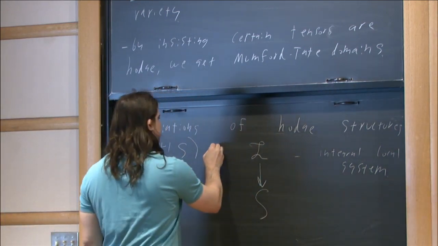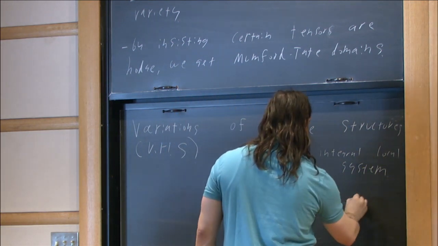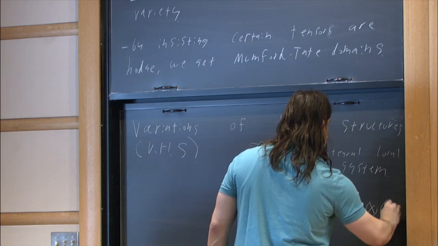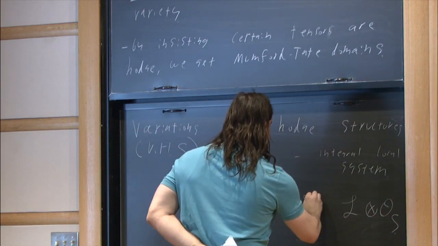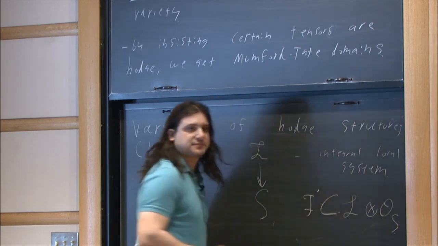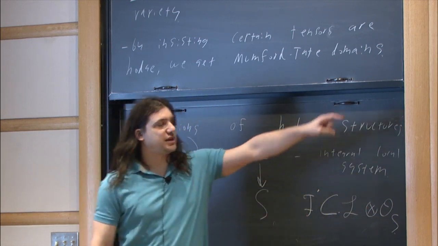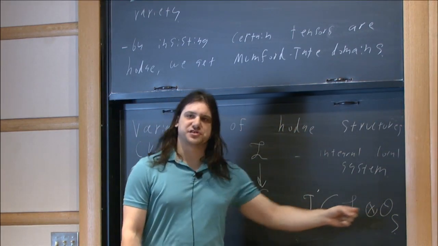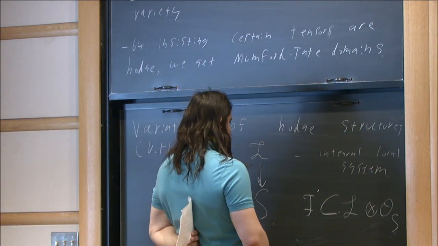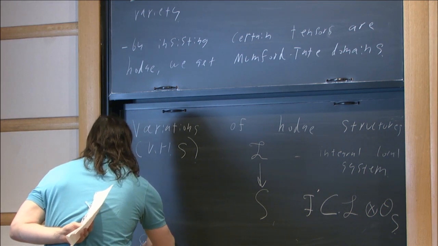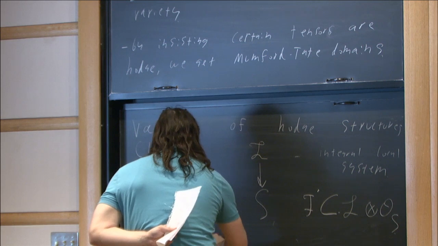And so what we do is we can look at L tensor O, so L with coefficients in holomorphic functions over S. And we just give some filtration inside here. So in other words, if you restrict this to every point, you get a filtration of that sort over there. And we insist it varies holomorphically, is the way to think about this, satisfying something called Griffiths transversality.